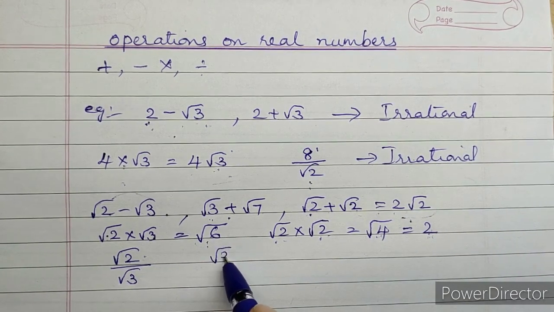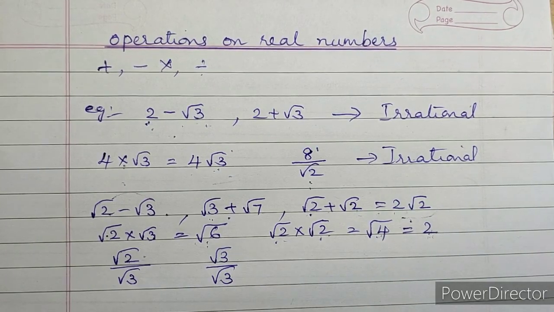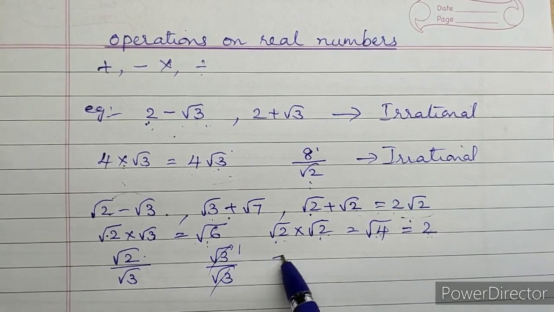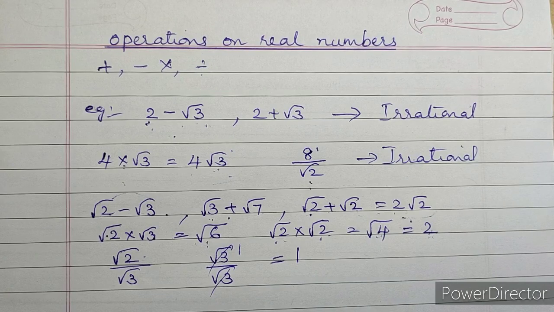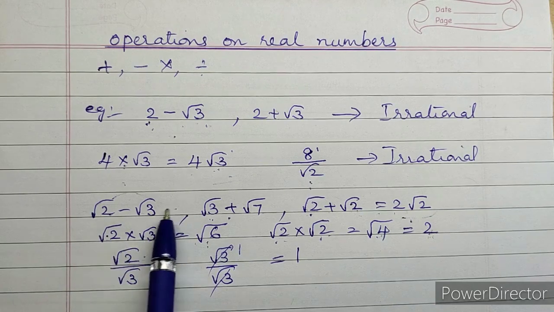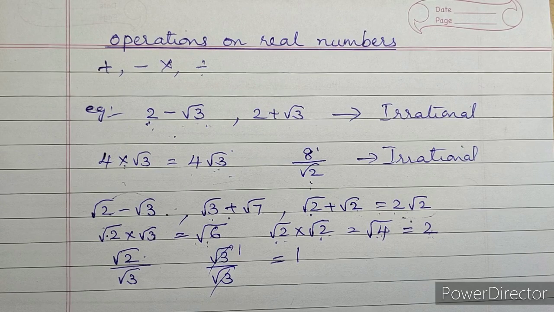But with the same things, root 3 by root 3, the same number comes, you can cancel it off, the answer will be 1, which is rational. So, in some cases a rational number will come, in some cases an irrational number will come if both the numbers are irrational. So, if we add, subtract, multiply or divide any two irrational numbers, the result may be rational or irrational. This is the third rule.